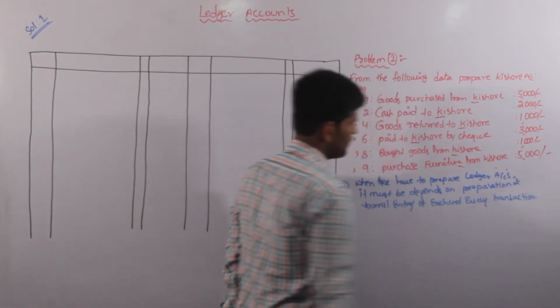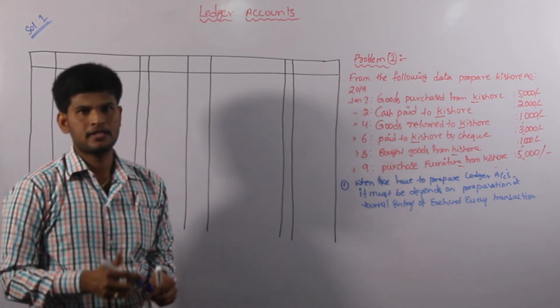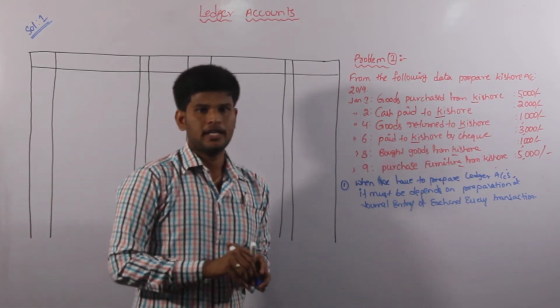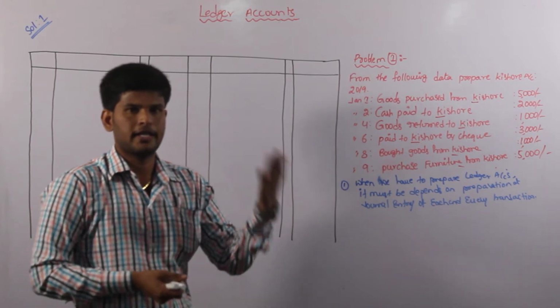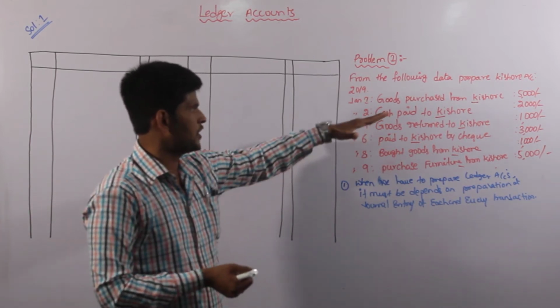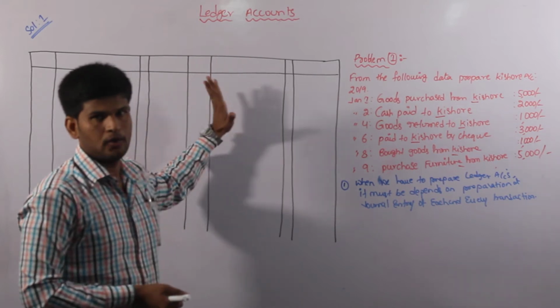Is it clear? When we are going to prepare ledger accounts, before that we have to write each and every individual journal entry. Based on that entry, we have to convert the name of the Kishore account into ledger account of Kishore.